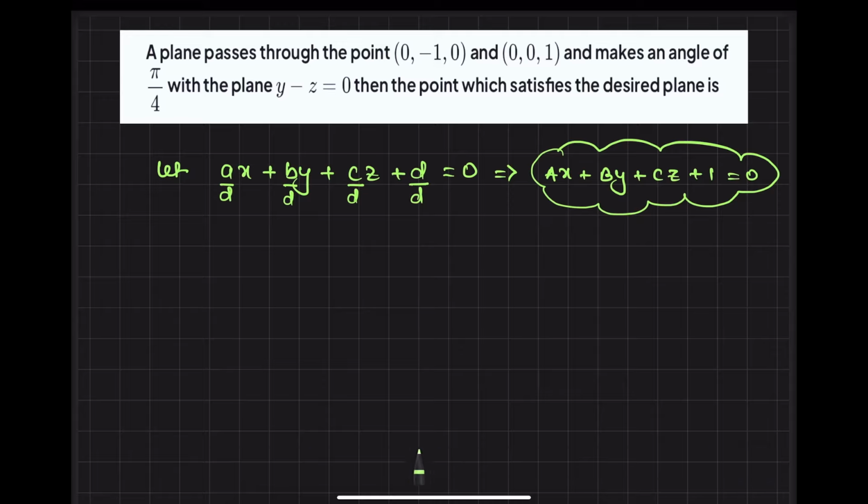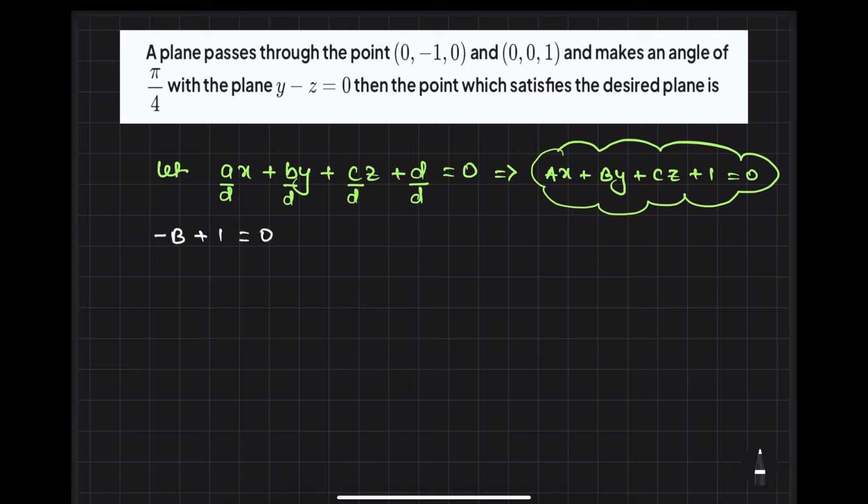So the question says the first idea is your plane should pass through the point (0, -1, 0). So it will satisfy 0, -1 and 0. So let's satisfy. So it is minus b plus 1 equals to 0.